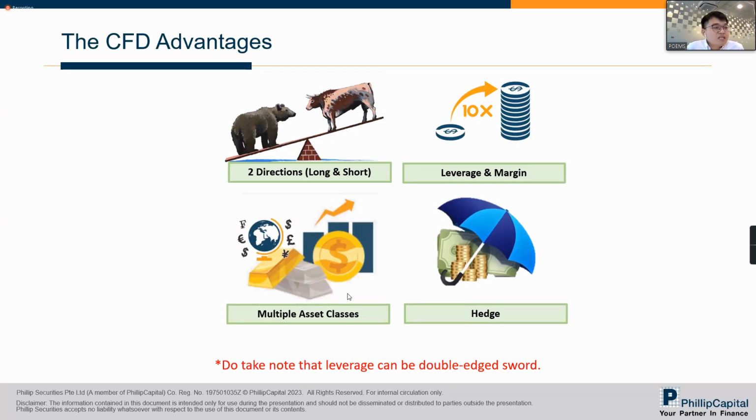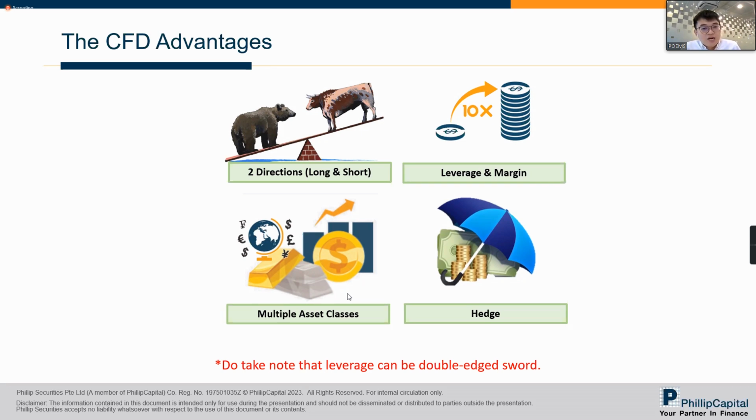The first advantage of CFD is what I mentioned in the previous slide: you can trade both directions, long and short, and make a profit whether the market is bullish or bearish. Unlike the equity stock market, where mostly we can only go long.